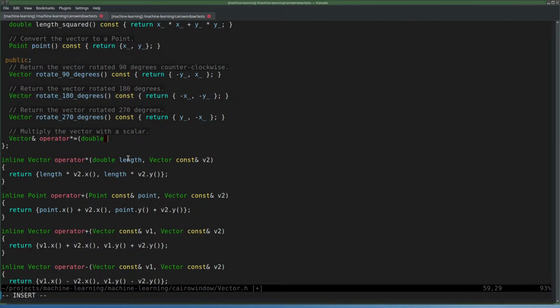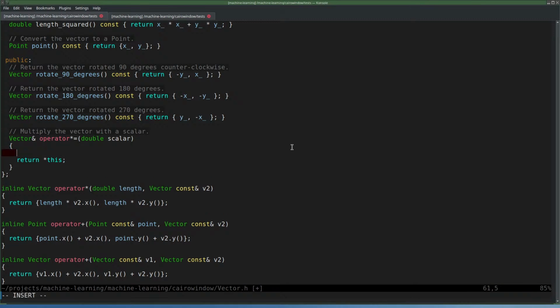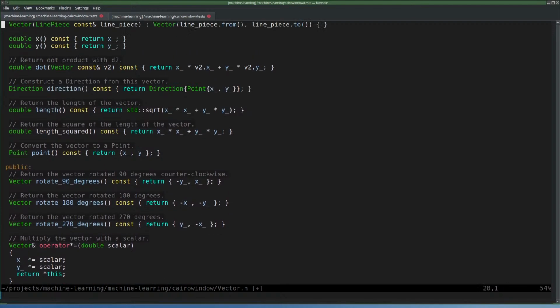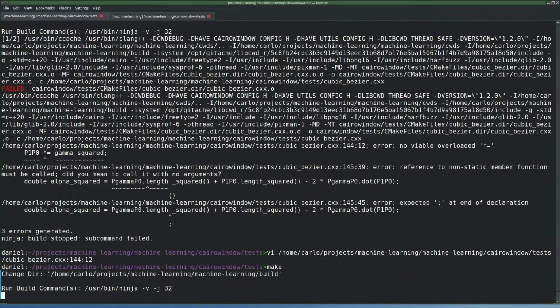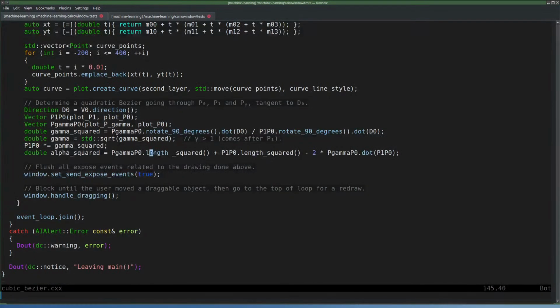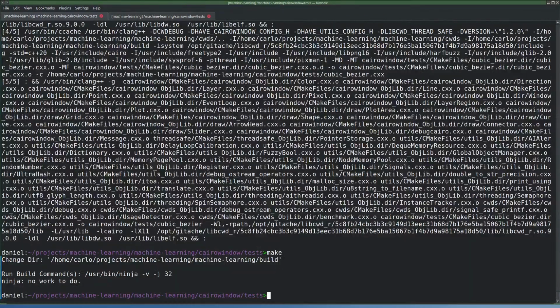Yeah, it's called length, yeah. Nobody knows why it is called length. Refuse to call it length. Right. It compiles. Well, but we're not drawing anything yet.